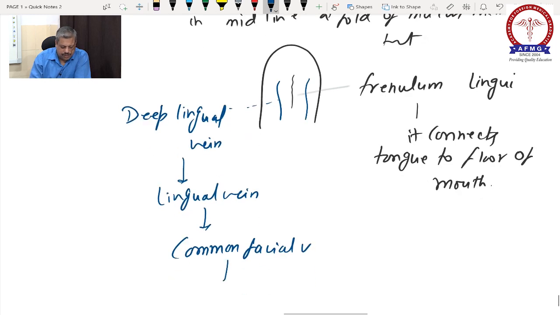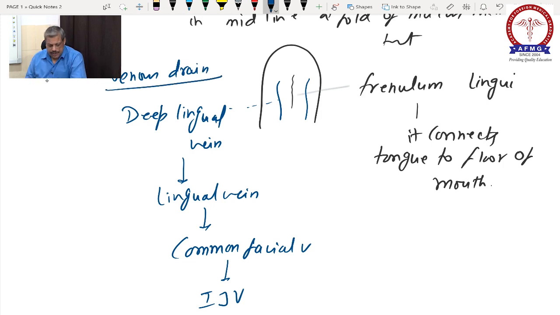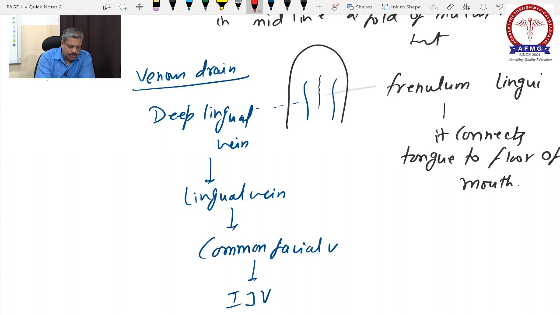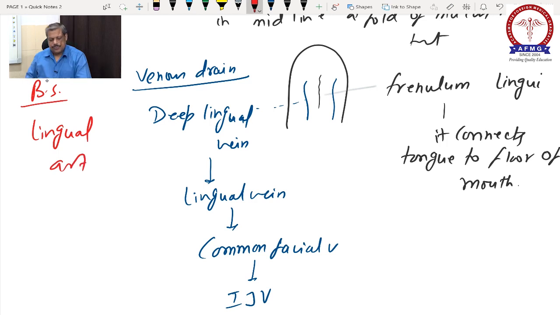The common facial vein is the tributary of the internal jugular vein, and this is the venous drainage of the tongue. If the question is asked on the blood supply of the tongue, it is the lingual artery.